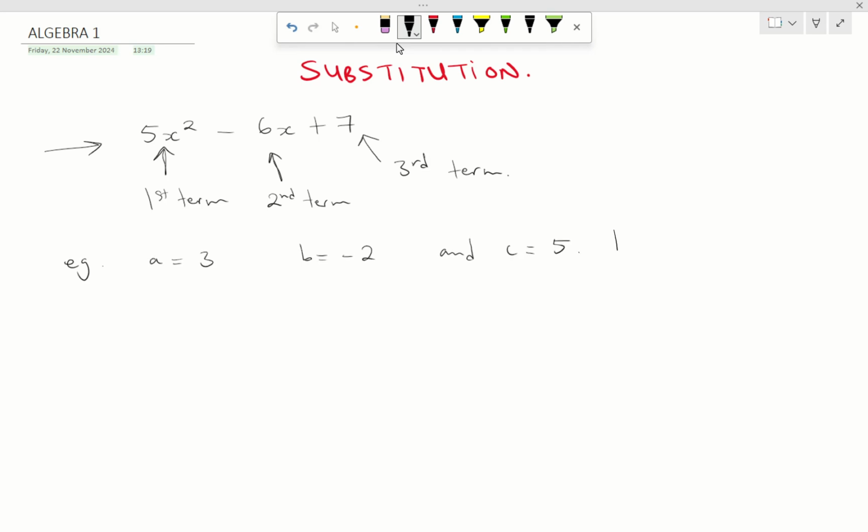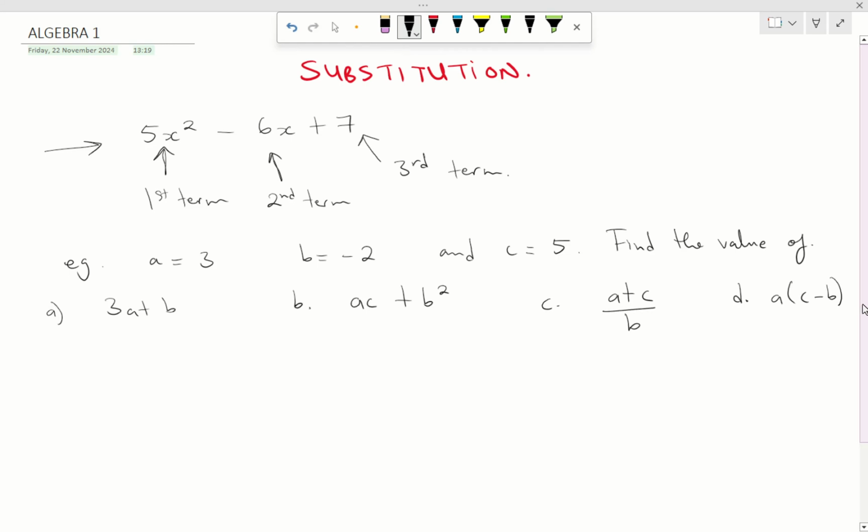And then the question will say, find the value of: part a is 3a plus b, part b is ac plus b squared, part c is a plus c over b, and lastly part d is a bracket c minus b.